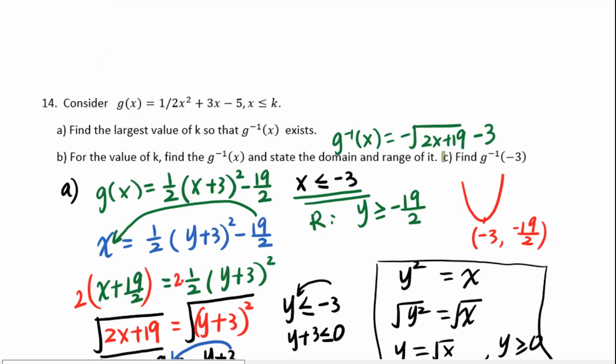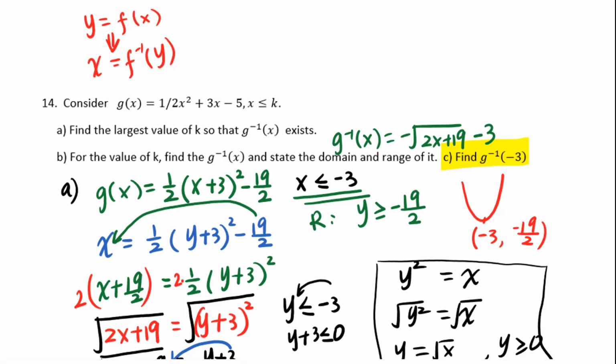Now let's go to C. Find the inverse of g of negative 3. Remember, we know y equals f of x. The inverse will be x equals the inverse of y. So the domain and the range will be switched.